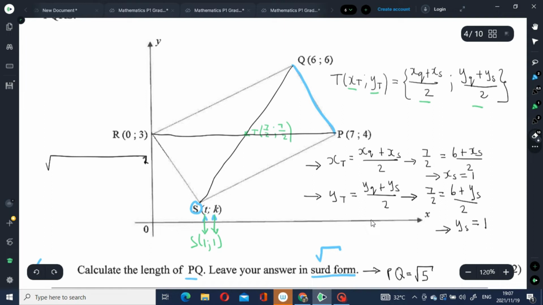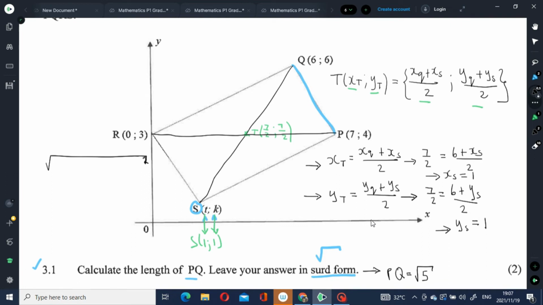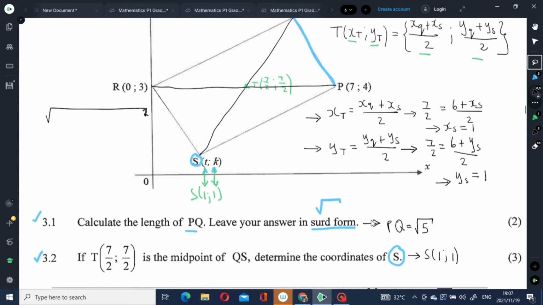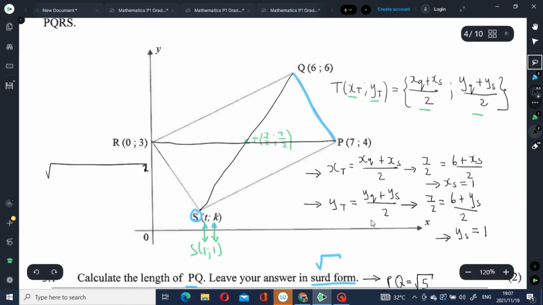Okay, I think it's important that we identify which lines we are working with. So when you have this type of problem, just take note and mark that we're working with QR and QP.